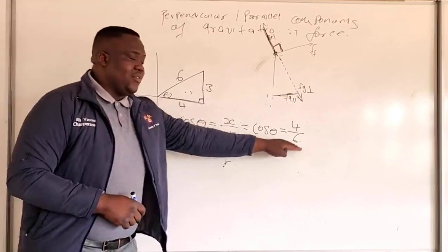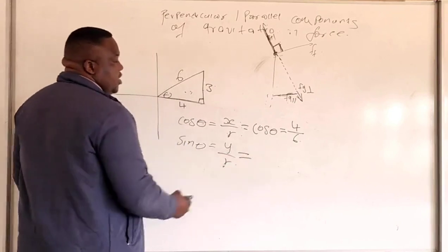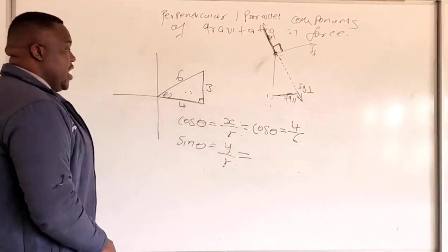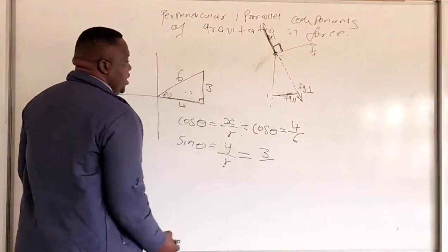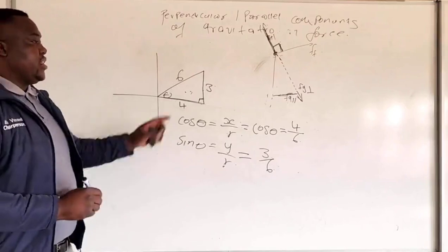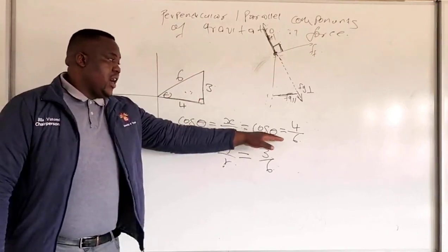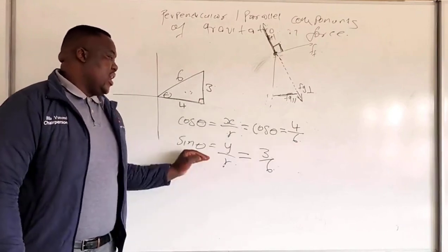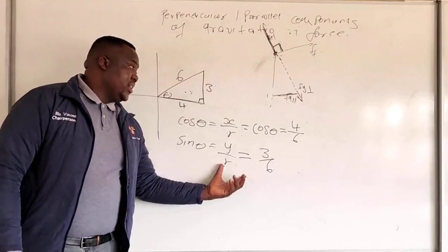Cos theta is 4 over 6. Okay, let us check sin theta. Sin theta for this triangle will become y over r. What is y? Y is 3. So 3 over 6. Can you see? For this triangle, cos theta is going to be 4 over 6. Sin theta is going to be 3 over 6. You know that sine is y over r. You can see this, right?